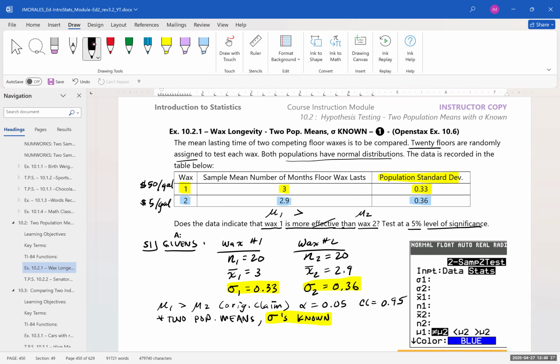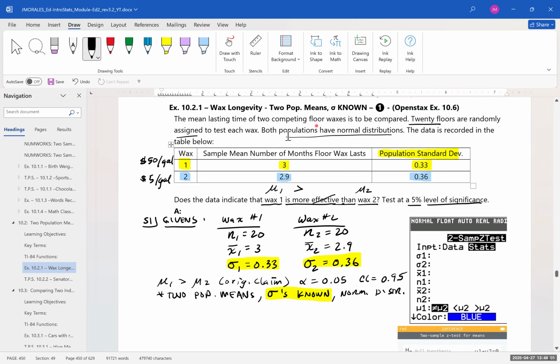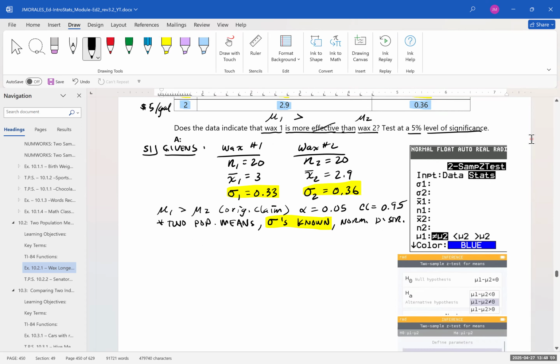And we were also told that the populations were also normally distributed. All right, I think that's about as much as we can extract out of this word problem. So let's move on to step 2.